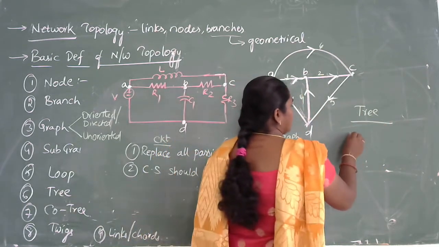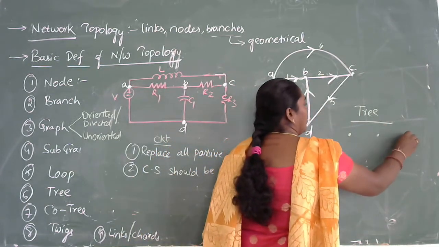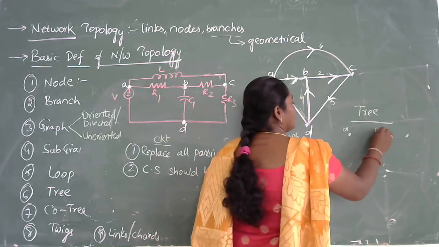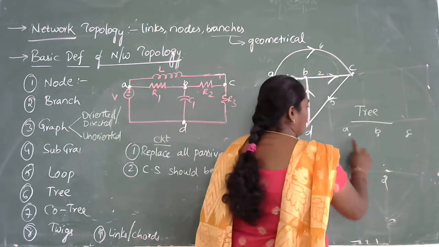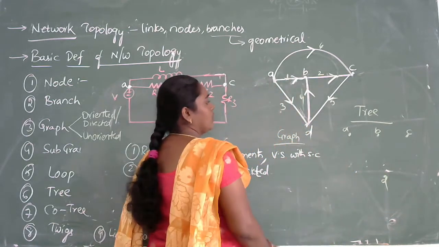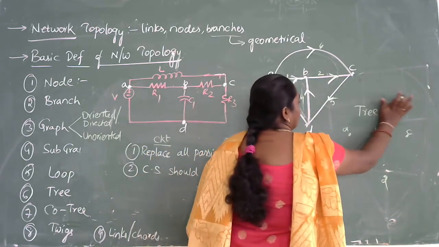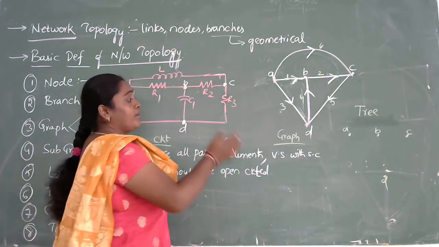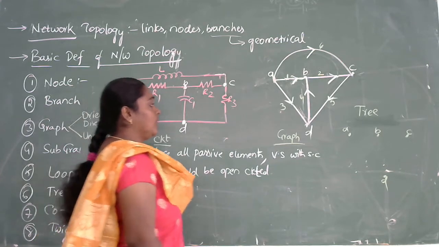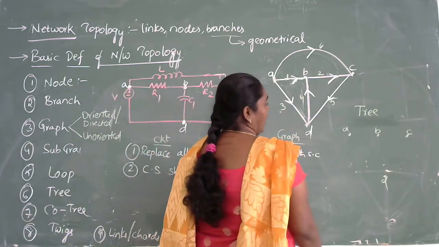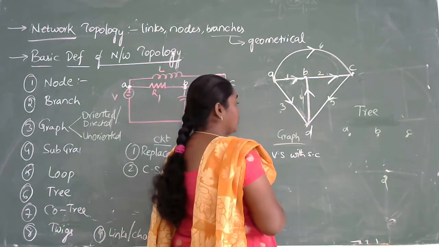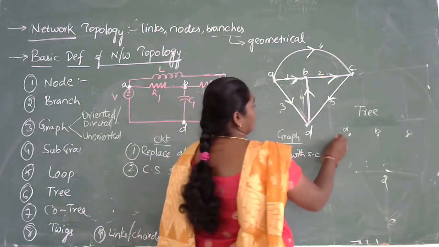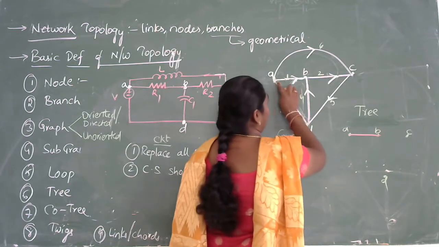The first point is it should consist of all the nodes, that is 4 nodes A, B, C and D. The second step is it should consist of fewer branches than the graph. So I need to draw a tree in such a way that it has fewer than the 6 branches. There is a branch between A and B.